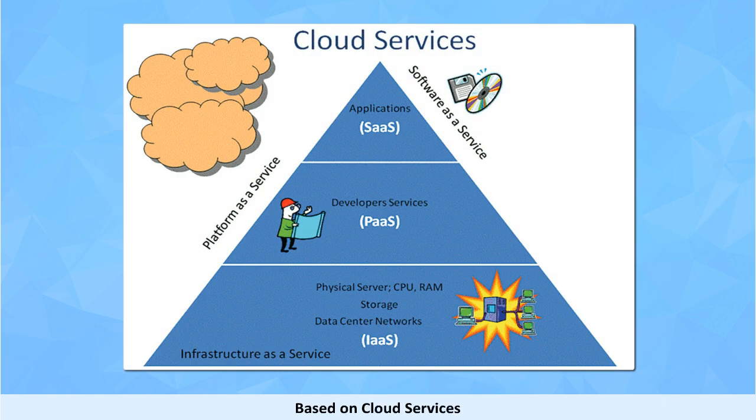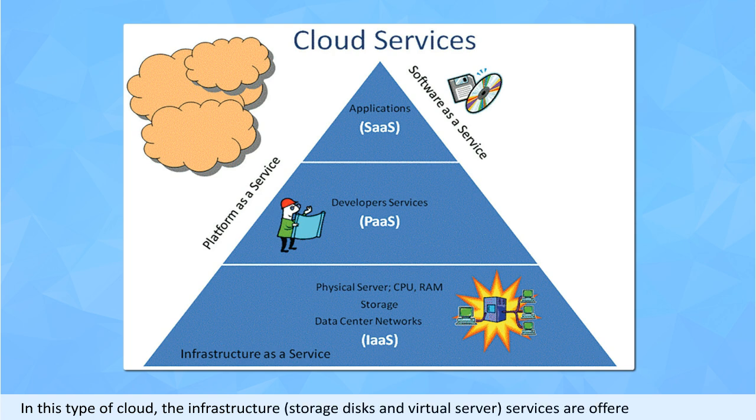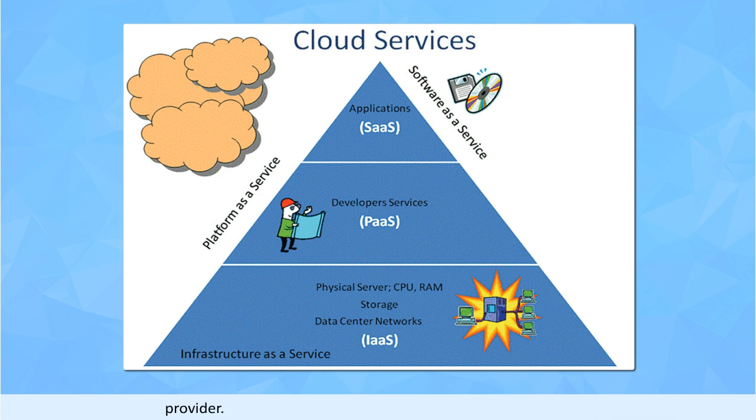Based on the services offered by the cloud, they can be categorized as IaaS, Infrastructure as a Service. In this type of cloud, the infrastructure, storage disks, and virtual server services are offered by the service provider.